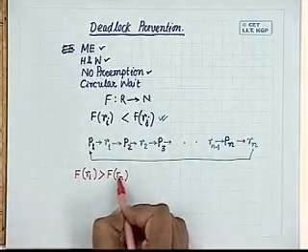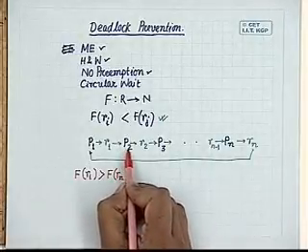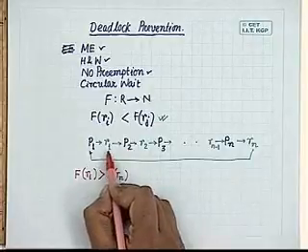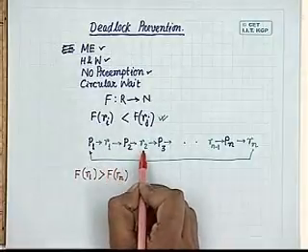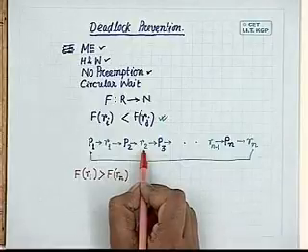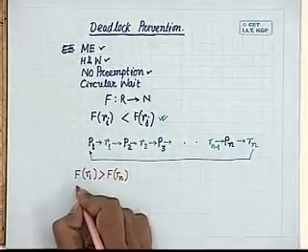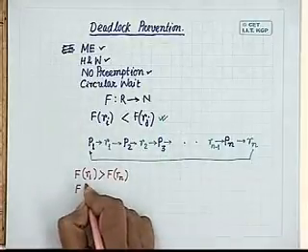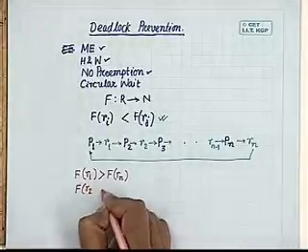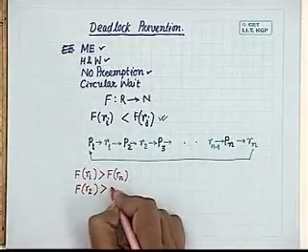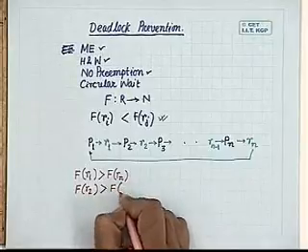Similarly, process P2, while holding resource type R1, requests resource type R2. That means f of R2 must be greater than f of R1.